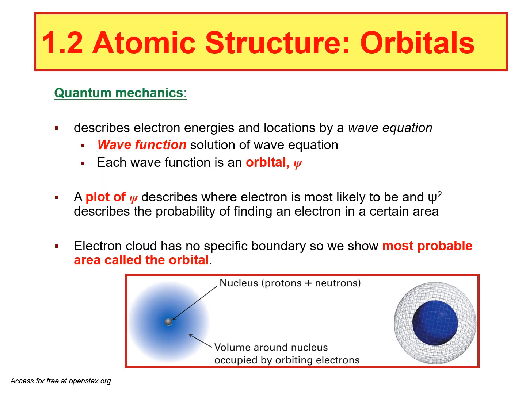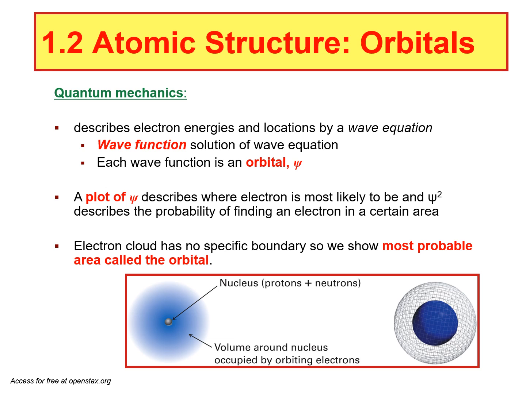Now, what is an atomic orbital? We should think of atomic orbital as a region of space that can be occupied by electron density. So we sometimes call this also an electron cloud. According to quantum mechanics, the electron energy is represented by a wave equation which can be solved to give a series of solutions which are called wave functions.